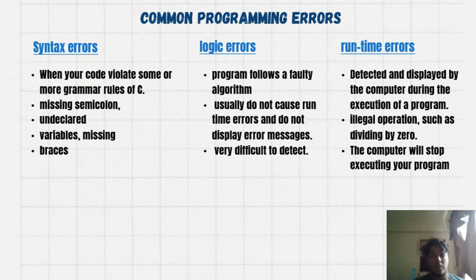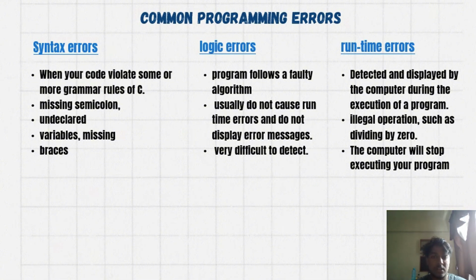Now, we're going to talk about common programming errors. There are three common programming errors: syntax errors, logic errors, and runtime errors. A syntax error occurs when your code violates one or more grammar rules of C. It can also occur if you are missing a semicolon, have an undeclared variable, or missing braces.